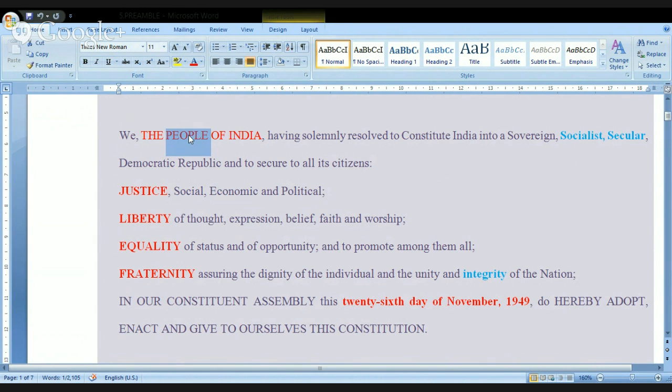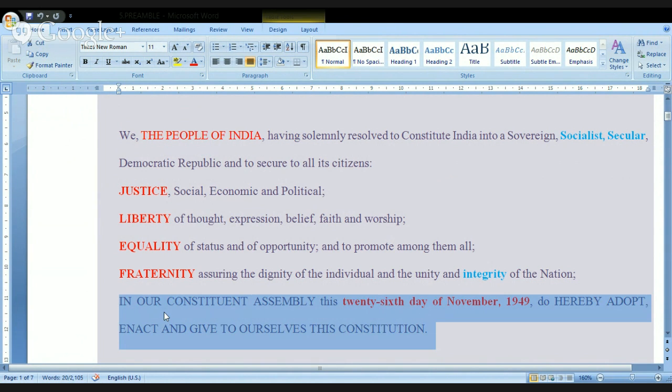Meaning, this is the Constitution that has been developed by the people of India, and at the end, if you look at this, in our Constituent Assembly, this 26th day of November 1949, do hereby adopt, enact, and give to ourselves. Kindly understand these points. These are important from the examination point of view. In the beginning, we said, we the people of India, we ourselves have prepared the constitution for ourselves.